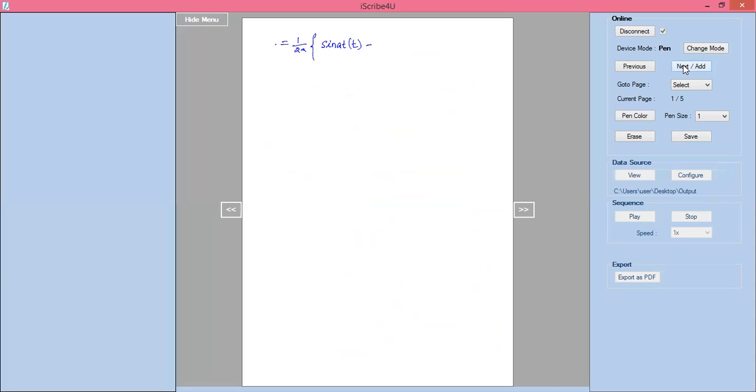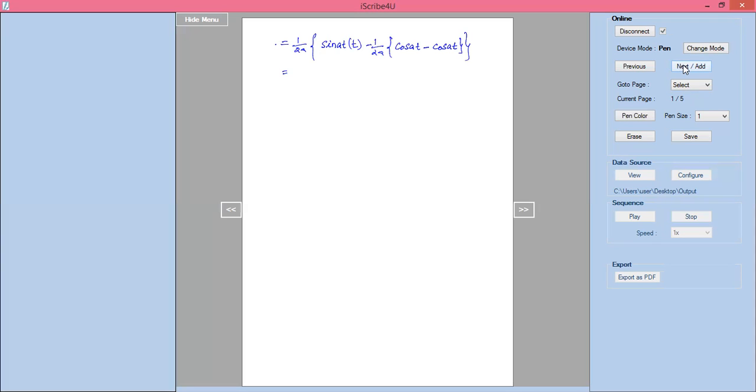Now if I simplify this, cos 2AT minus AT should be cos AT, minus cos of minus theta, which is nothing but cos theta. I will close this one more bracket.